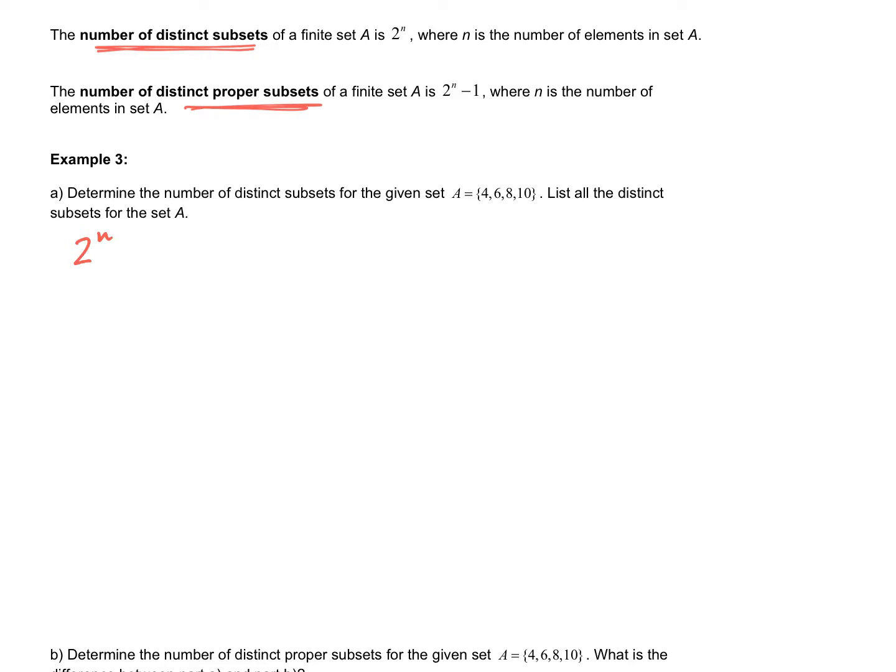I use the formula 2 to the n, and n is the number of elements. So how many elements are in here? 1, 2, 3, 4. N equals 4. So I plug in 4, and 2 to the 4th is 2 times 2 times 2 times 2, which is 16. There are 16 distinct subsets in set A.